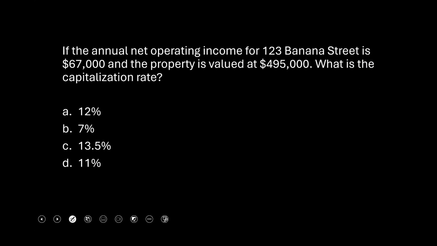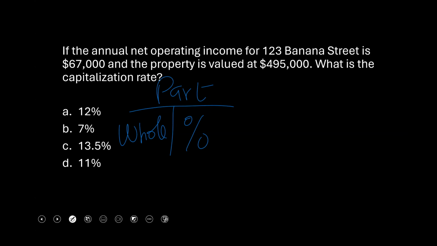Next question. If the annual net operating income for 123 Banana Street is $67,000 and the property is valued at $495,000, what is the capitalization rate? So, going back to our T diagram, the part goes on the top, the whole goes here, and the rate goes there.